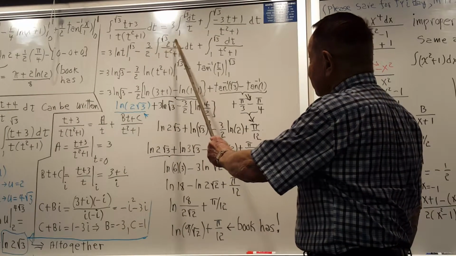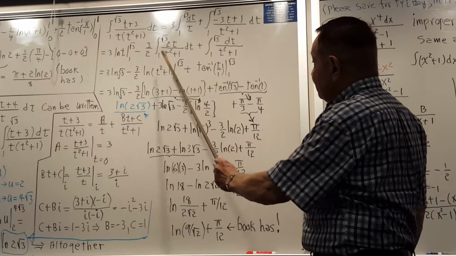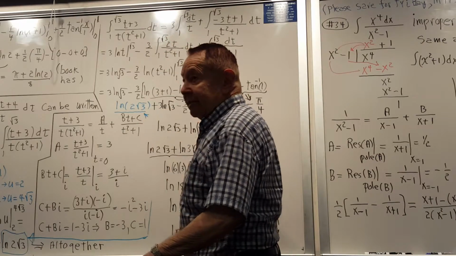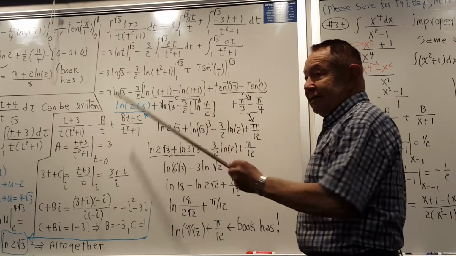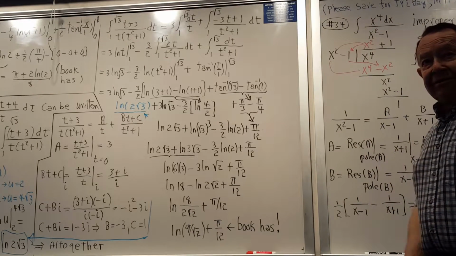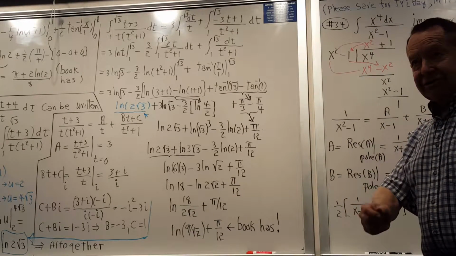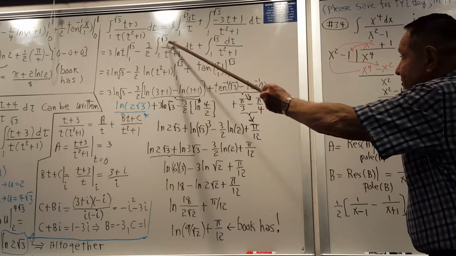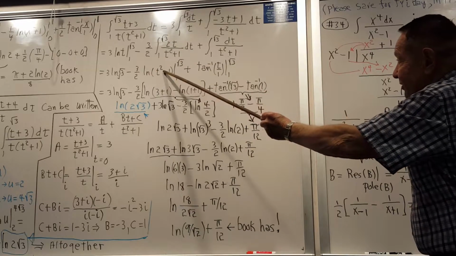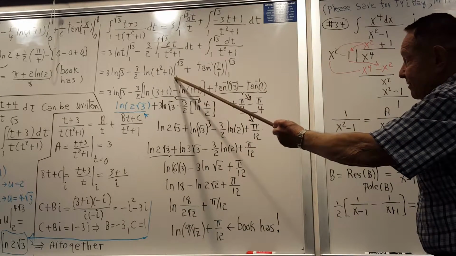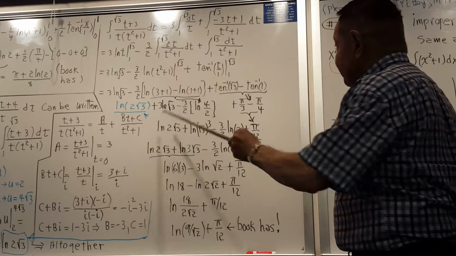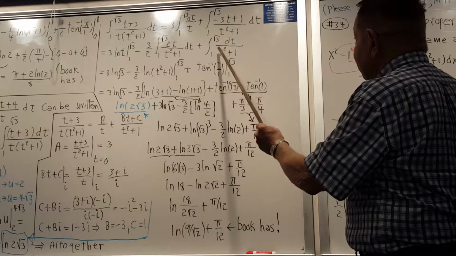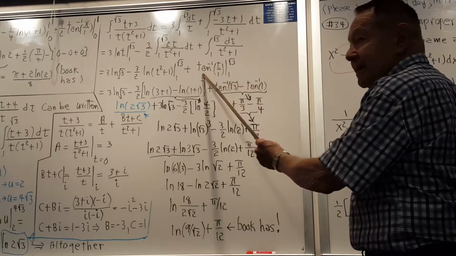I've done that here, so I'll have a 2t over t squared plus 1, so that this is natural log of the denominator. If that's u, this is du. But rather than doing it with a formal change of the letter to u and the limits, I just saw that this form will give me the logarithm and stayed with the original limits and the original variable. And then here I have the dt over t squared plus 1, and that's arctangent.